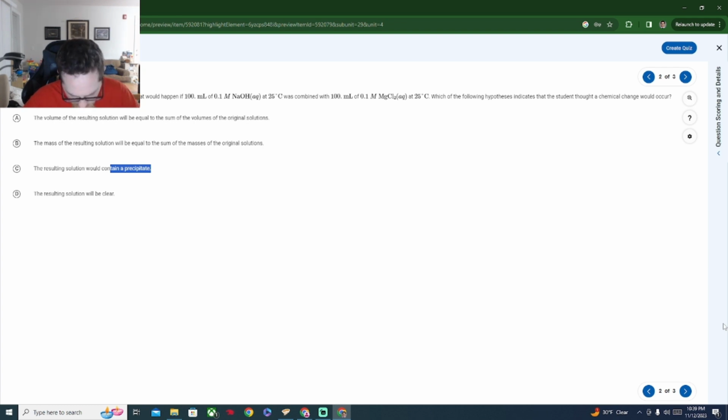We'll cover this in our equilibrium chapter, but you can increase how much of something will dissolve by heating it up. So you can cool it down and cause some precipitation. That wouldn't be a chemical reaction.